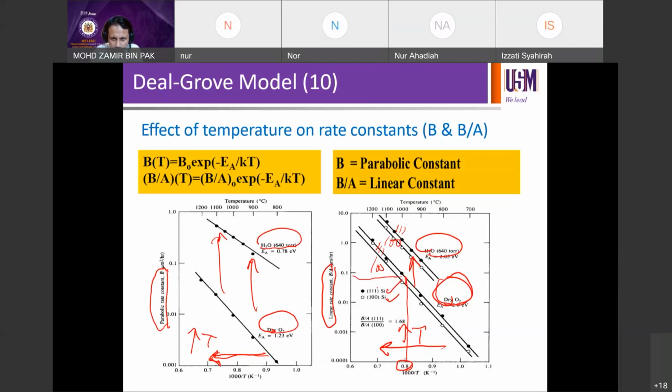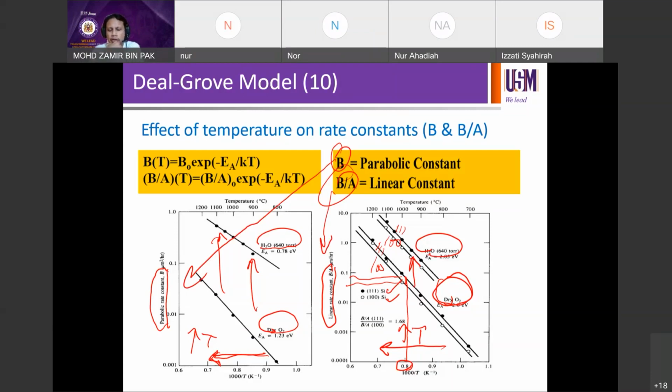On the y-axis, it's a log scale, so that's probably 0.09 versus 0.07, something like that. Perhaps a 0.02 difference between 111 and 100 for the dry ox process in the linear region. You can see for yourself later the difference between B, the parabolic constant on the left, and B over A, the linear one.